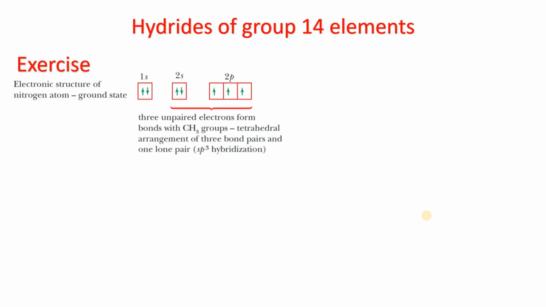As we know, the electronic configuration of the nitrogen atom in the ground state is 1s2, 2s2 and 2p3. The 3 unpaired electrons form bonds with the CH3 groups. This is a tetrahedral arrangement of 3 bond pairs and 1 lone pair, sp3 hybridization. So the hybridization of the central atom in trimethylamine is sp3, and we get a structure like this.